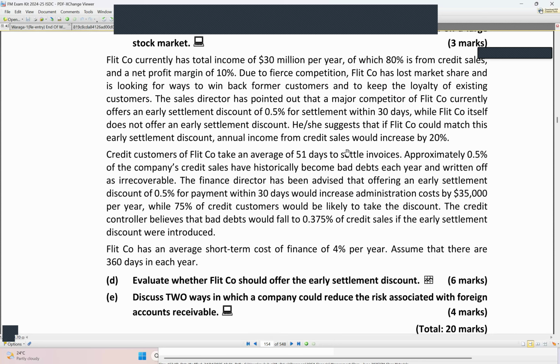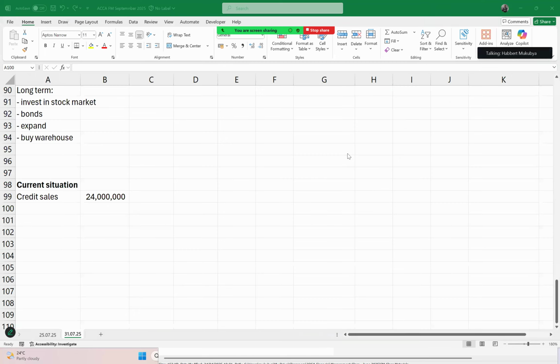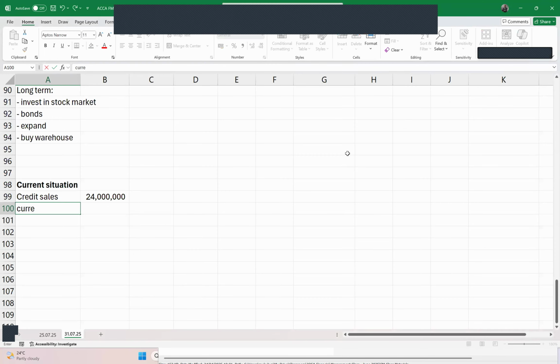So, current. So let's say, because these are the sales, we can call these ones receivables actually. Credit sales become receivables. So receivables days, on average 51 days.